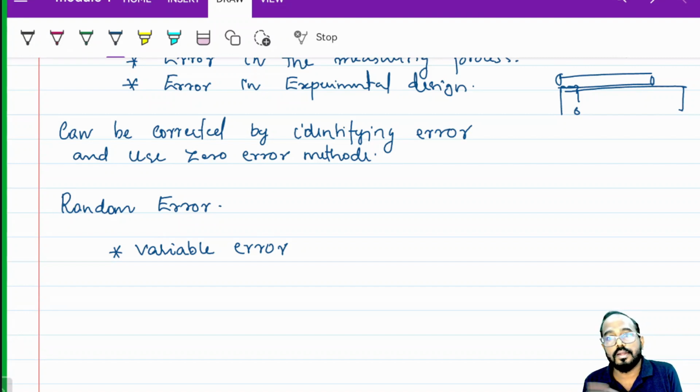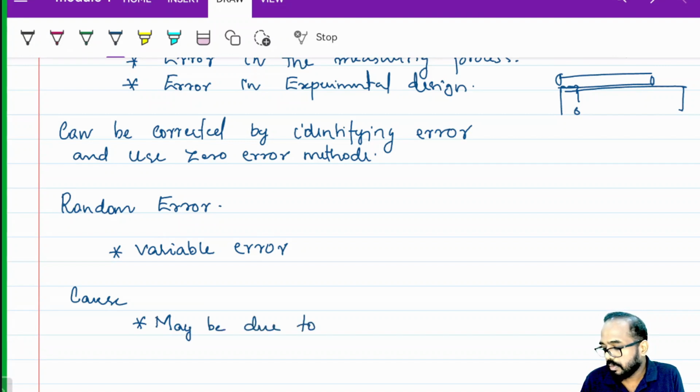Sometimes you count 11. That means it can be plus or minus. So what is the cause? The cause may be due to human error or any other thing. Can you think? Or maybe due to the unpredictable physical condition.